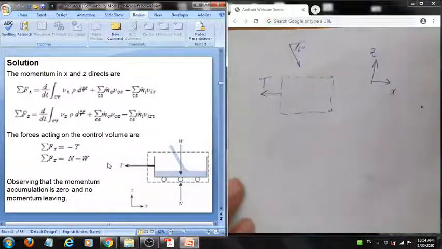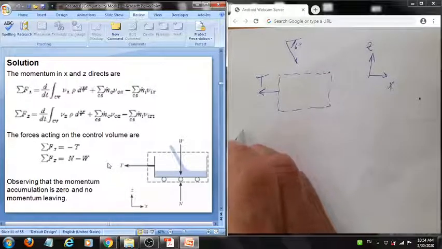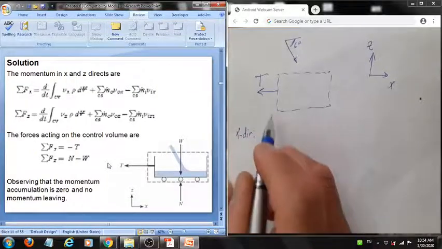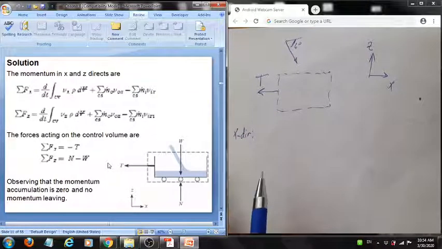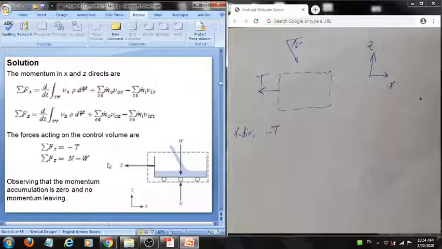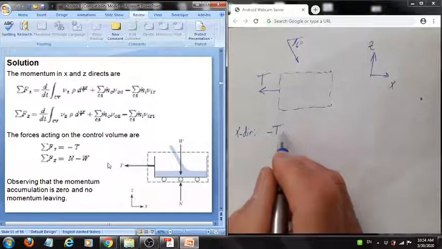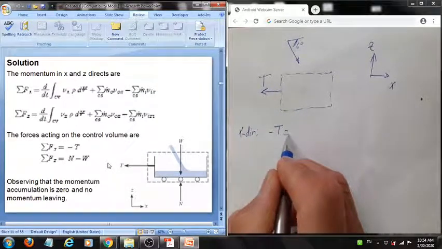So when we apply it in the x direction, we have the summation of forces equal to minus tension. So the tension is negative again. This is the only force acting in the x direction.